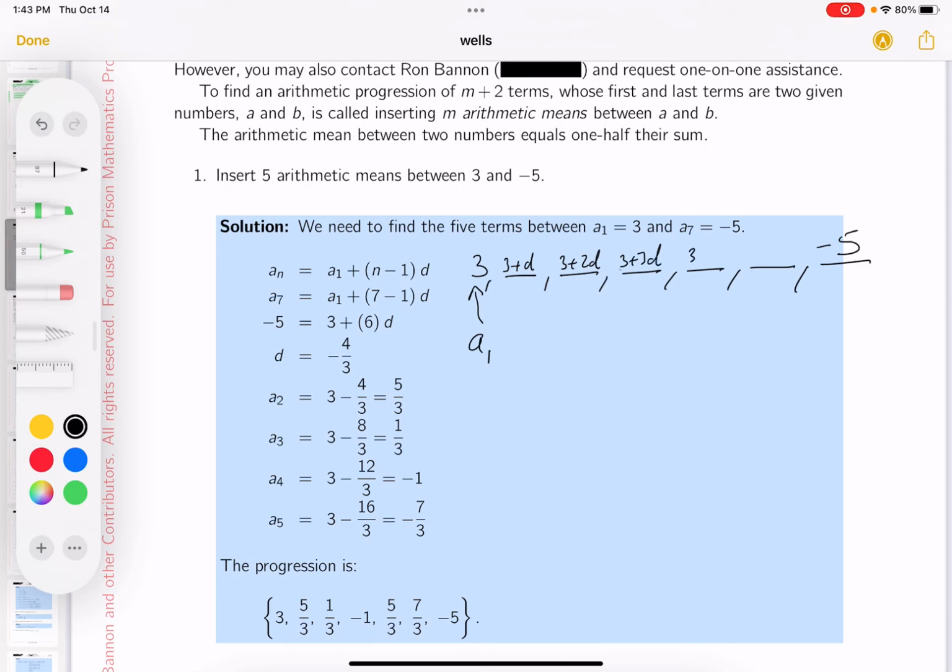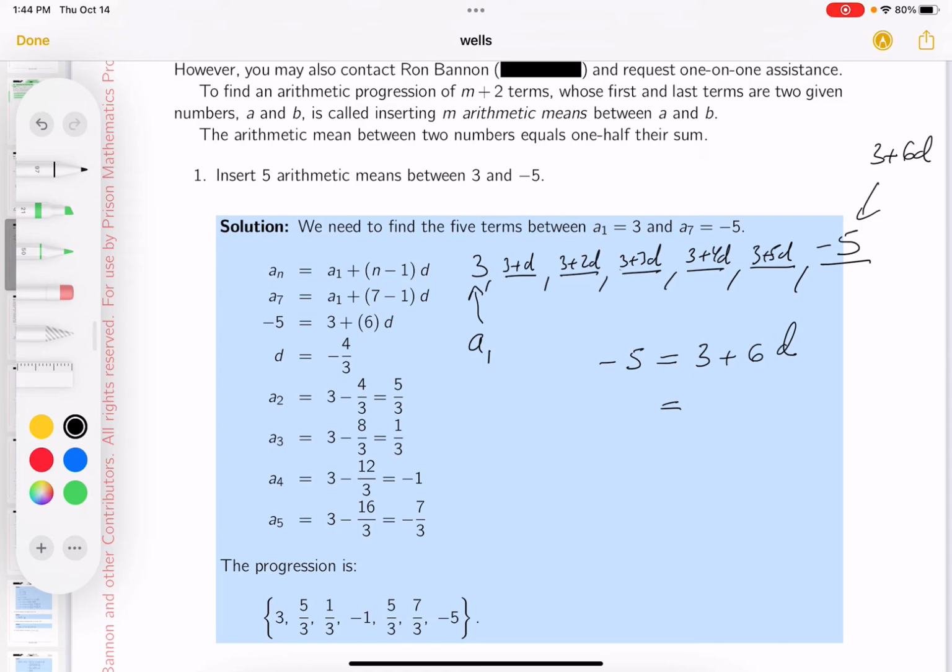You don't have to write that. I'm just going through 4D, 3 plus 5D, and this would be 3 plus 6D. Let me write that down. So minus 5 would be equal to 3 plus 6D. That's not so bad, right?